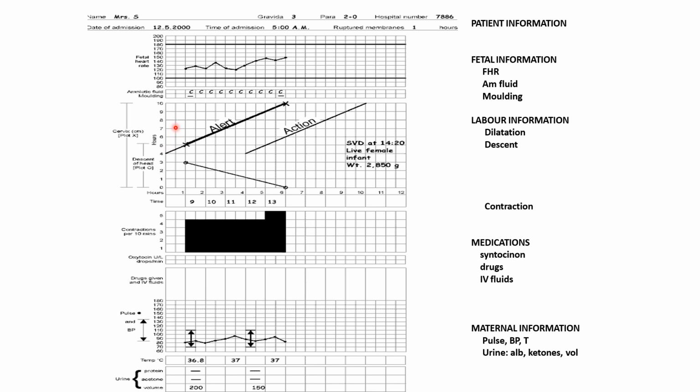Next is labor information, that is this portion, this third split. It is for the dilatation and for the descent of the fetal head. Below you can see the time. When you are doing it, you have to mark the time. Here it is marked as 9 o'clock, 10 o'clock, 11, 12, 1, like that.